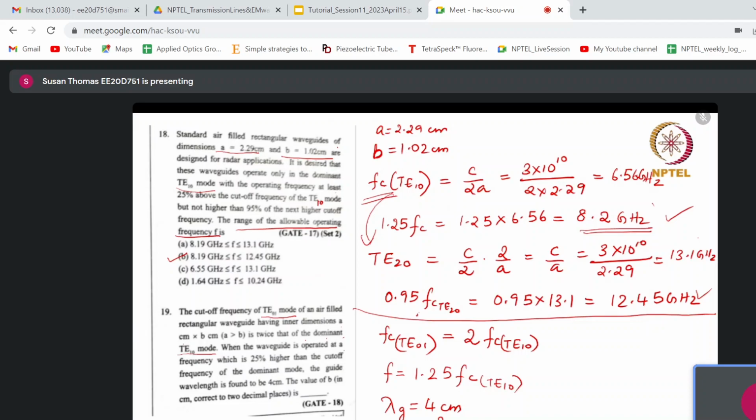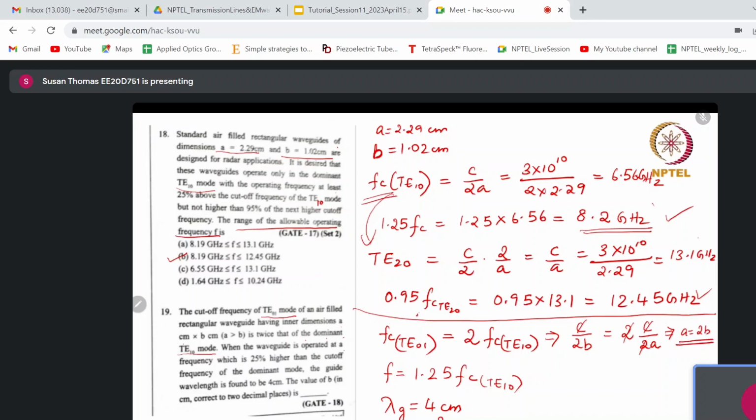Now Fc of TE01. So from this equation we can write c by 2b is equal to 2 times c by 2a. Okay. So 2 and 2 get cancelled, c and c get cancelled. We can write from here a is equal to 2b.